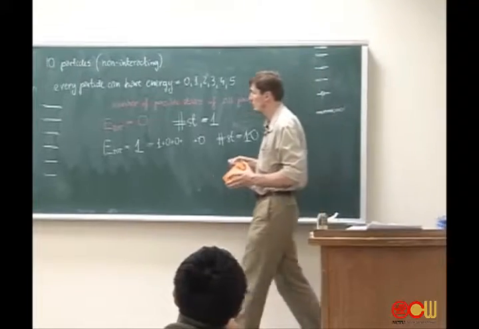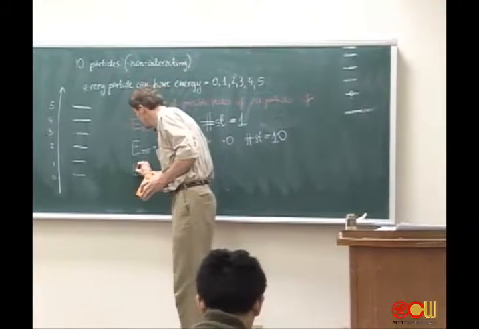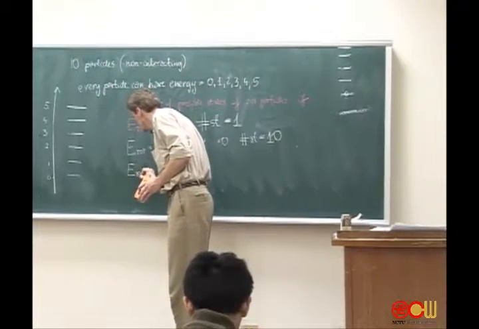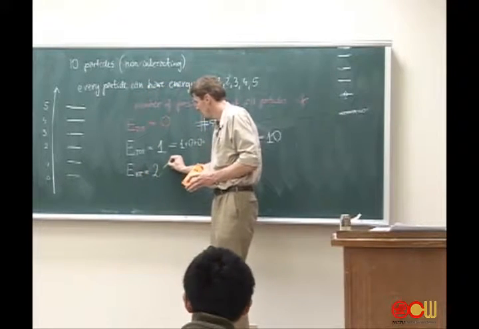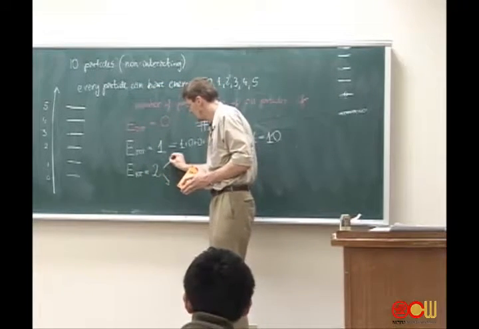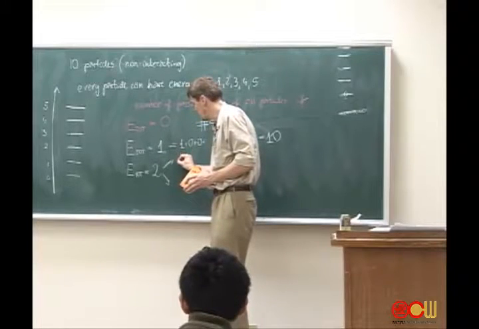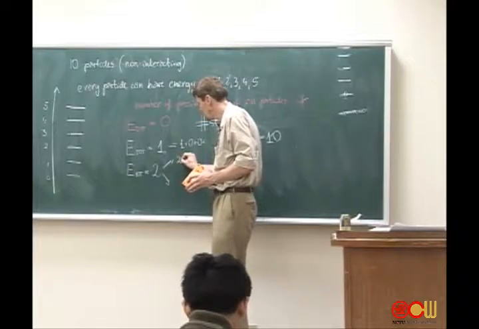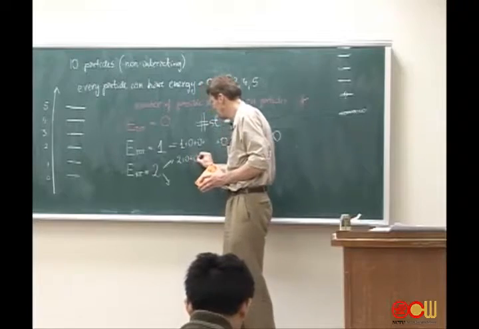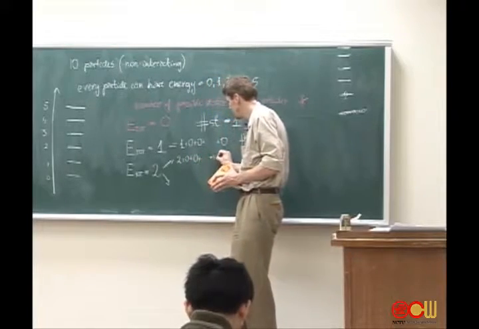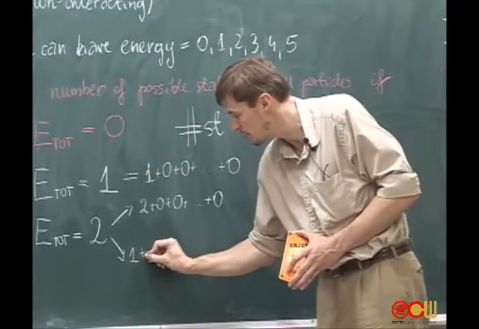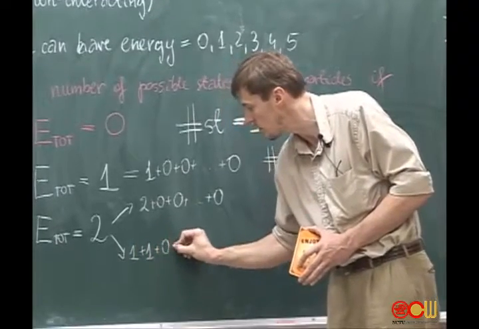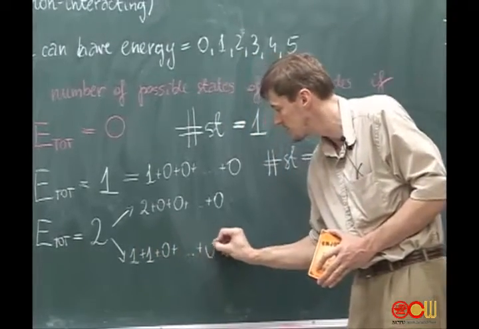Good, let's go further. If the total energy is equal to 2, we can have two different situations. The first situation, that 2 is equal to 2 plus 0 plus 0 plus 0. And the second situation, that 2 is equal to 1 plus 1 plus 0 plus 0.